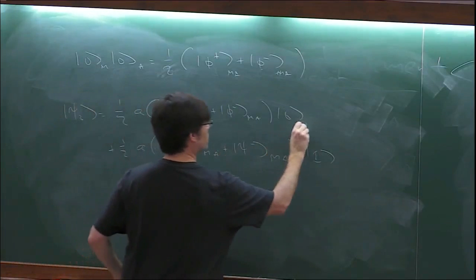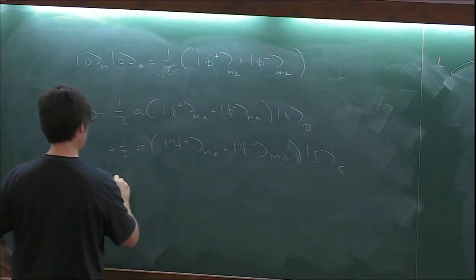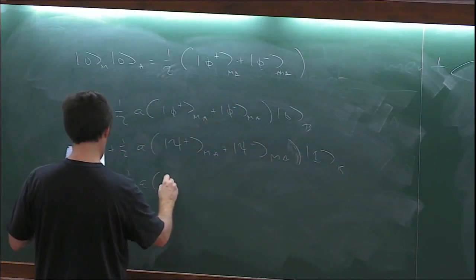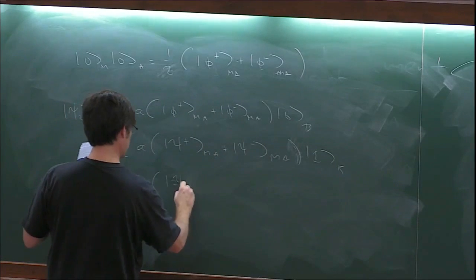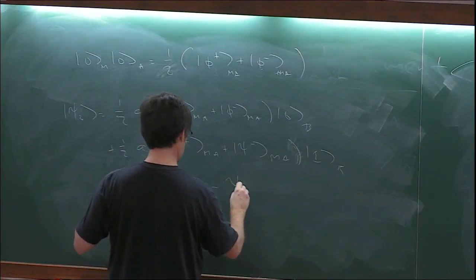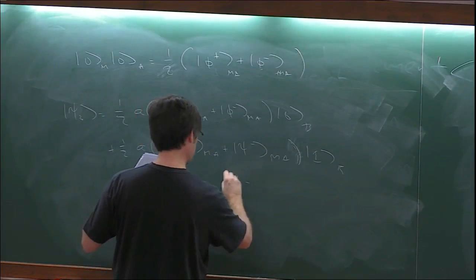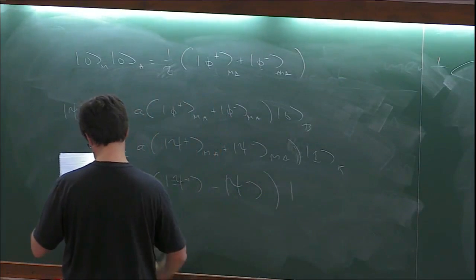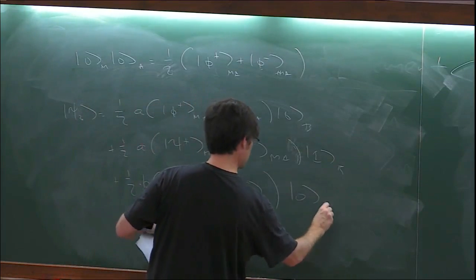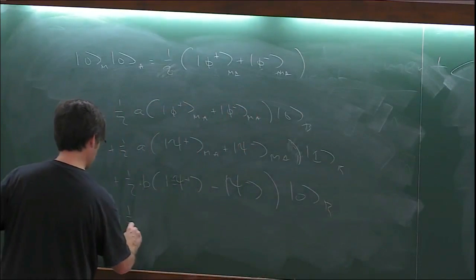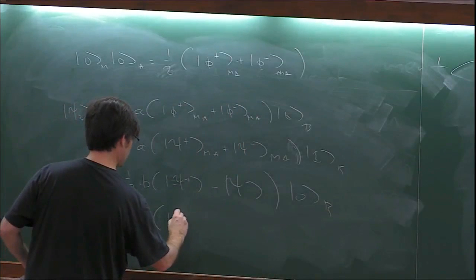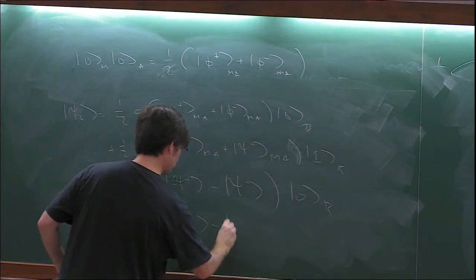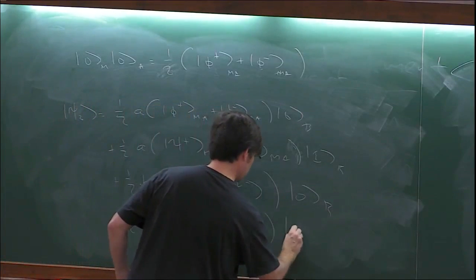And this is all Bob's bit. Plus 1/2 B times 0, plus 1/2 B (phi plus minus phi minus) 1B.